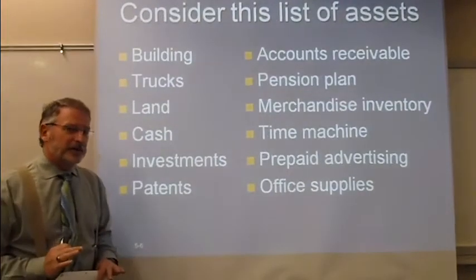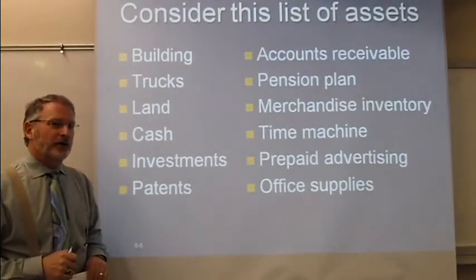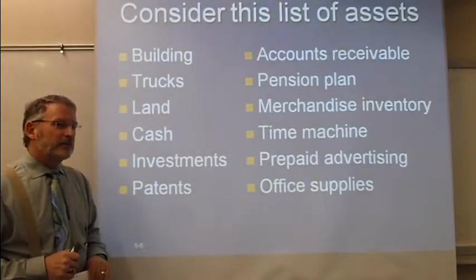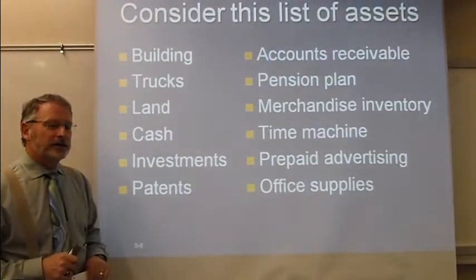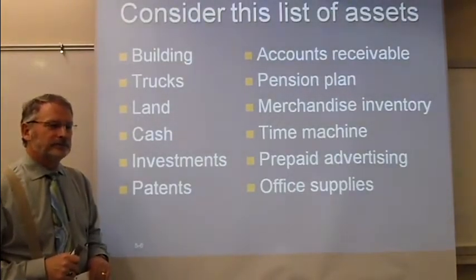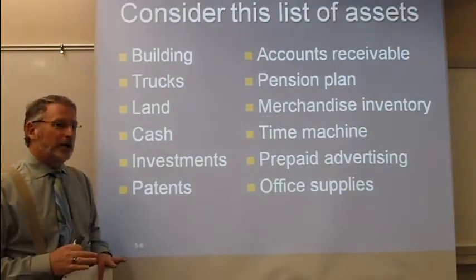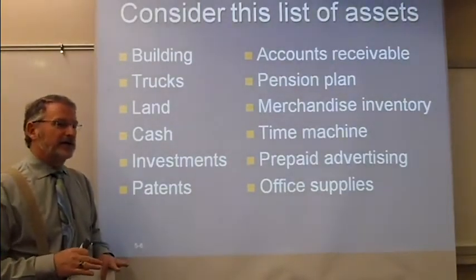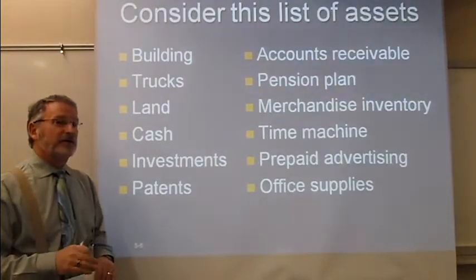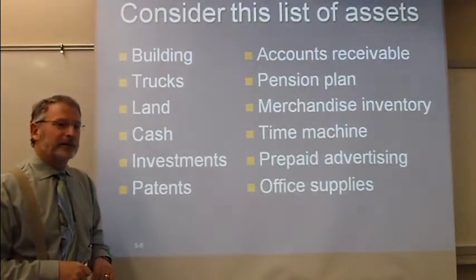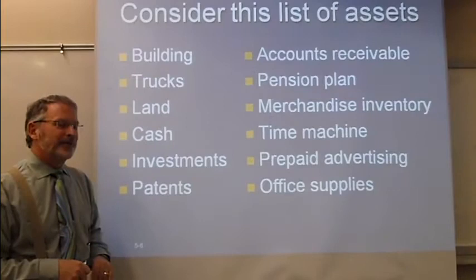So I want you to take a look at this list of assets for this company. Just take a minute, glance down the list. These are all things that the company owns. Now, we could just prepare a list of assets on the balance sheet, list all these assets out with their dollar value and total them up. That's one way to do it.